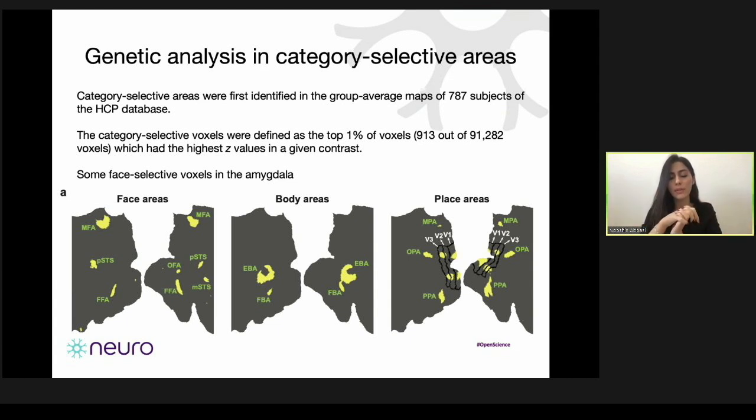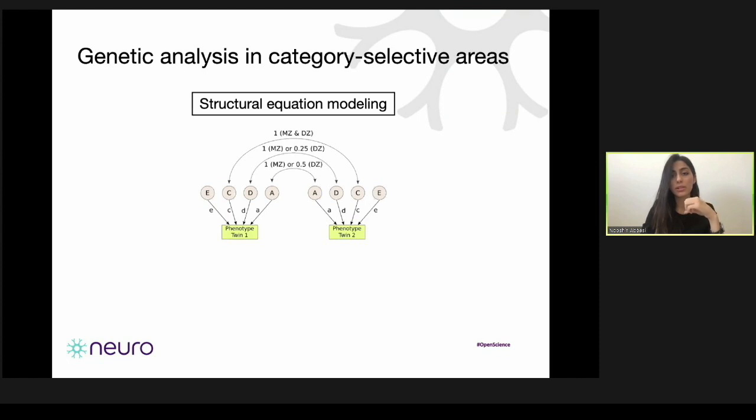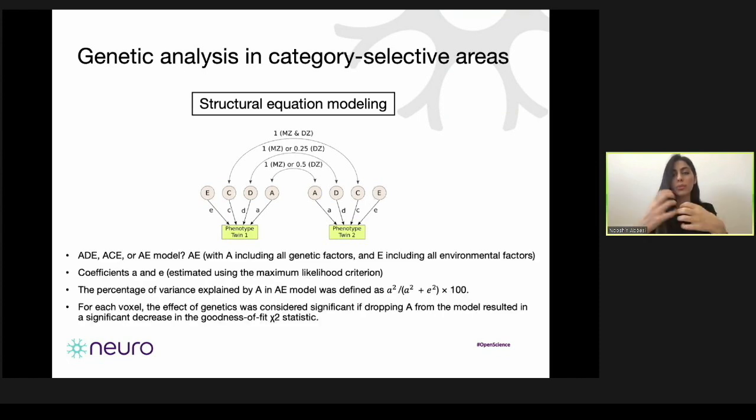And as you can see, the patches that we extracted correspond nicely to the previously known patches in the literature, such as FFA and OFA for face areas, and so on. So to answer our primary question clearly, we performed a more sophisticated approach called structural equation modeling, which enabled us to decompose the genetic and environmental components, and thereby we could detect the voxels that are highly influenced by genetic effects.